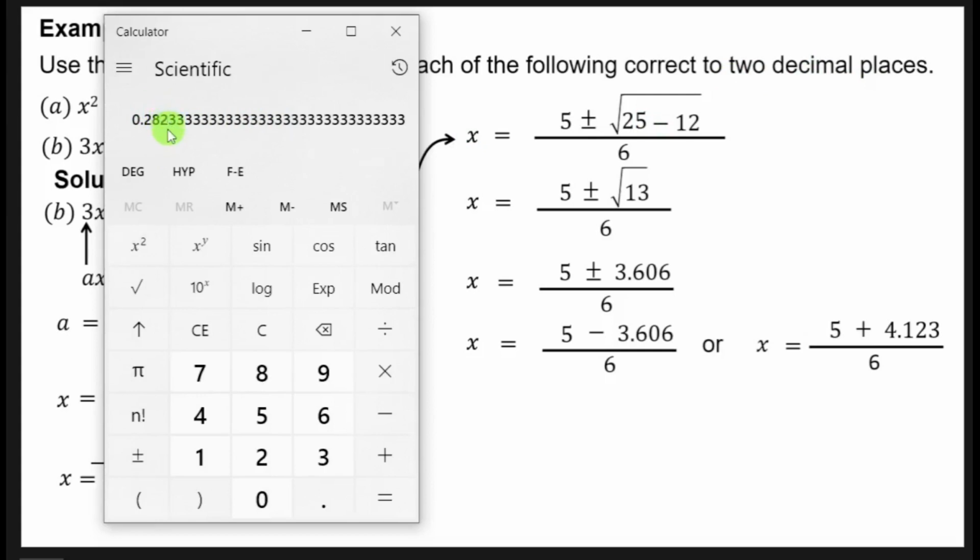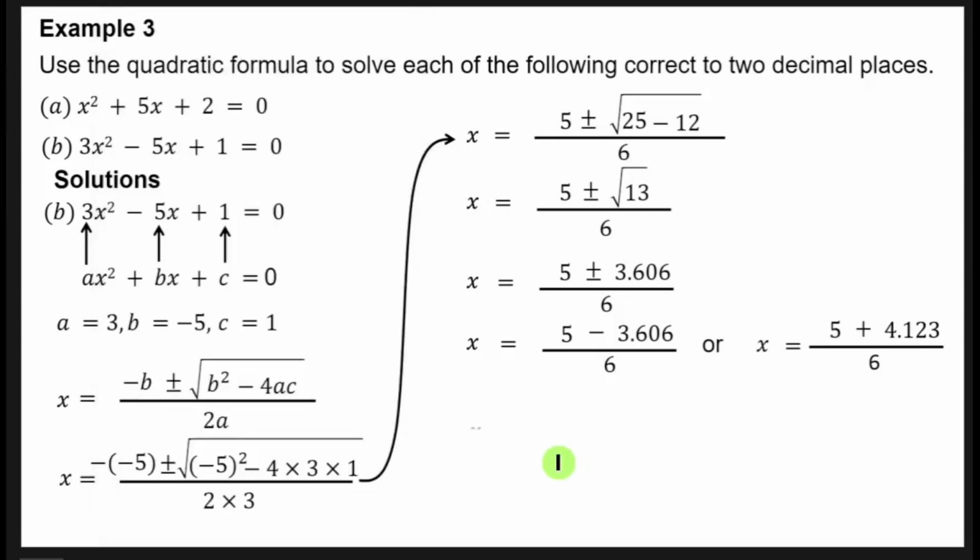It is less than 5, so I will not get anything to add to 8. So it will just be 0.28. So here the answer will be 0.28, right? That's what we got.